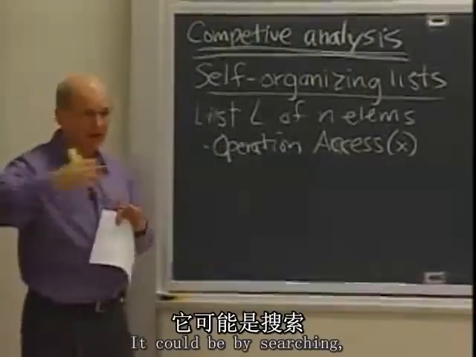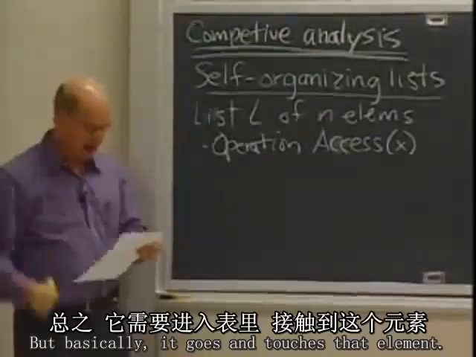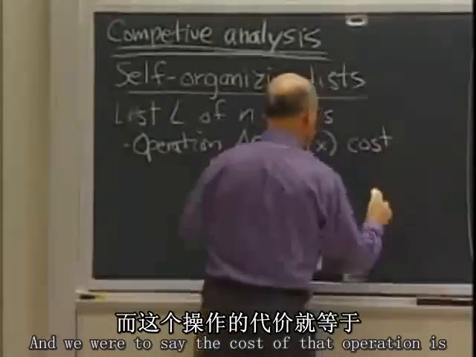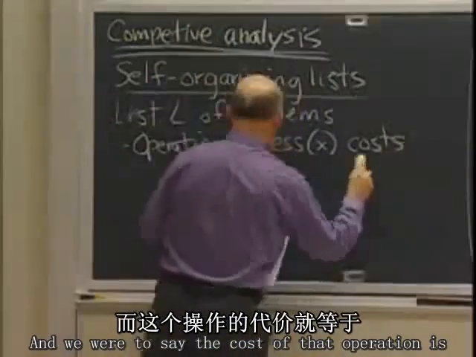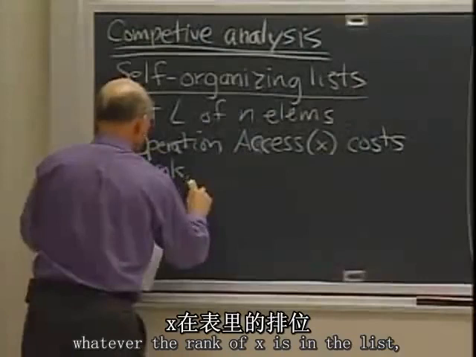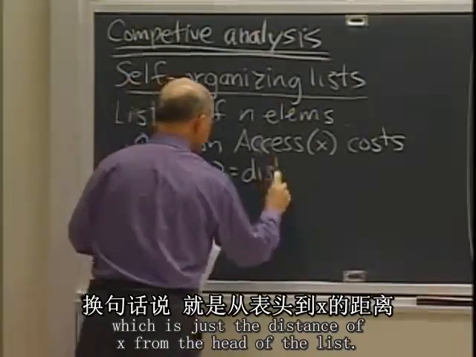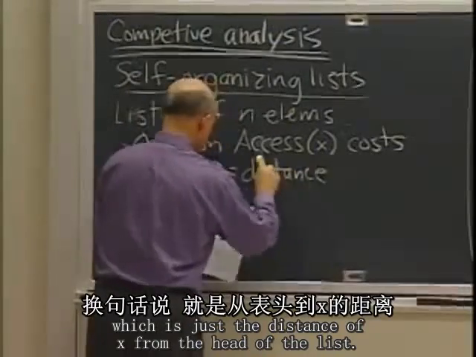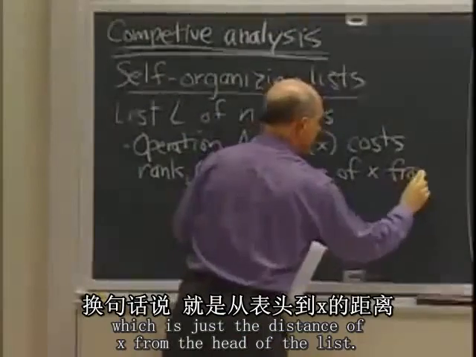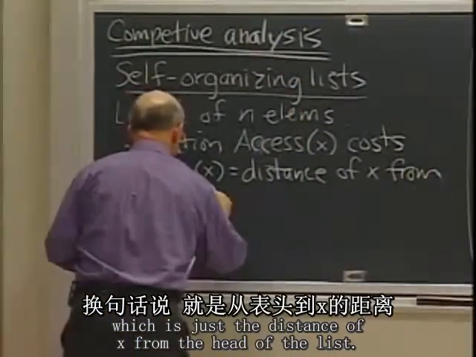Could be by searching, or it could be however you want to do it, but basically it goes and touches that element. And we're going to say the cost of that operation is whatever the rank of x is in the list, which is just the distance of x from the head of the list.